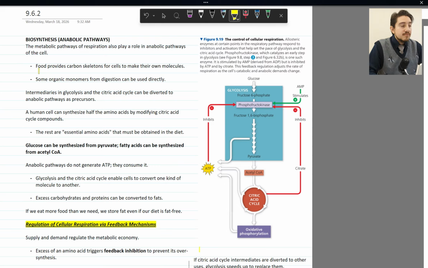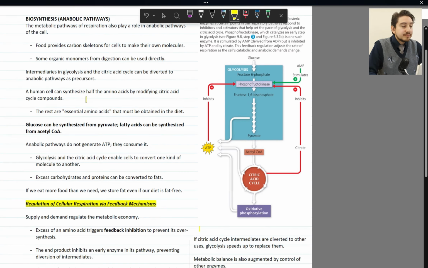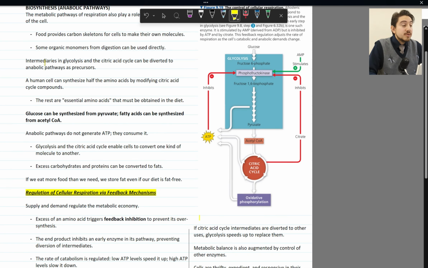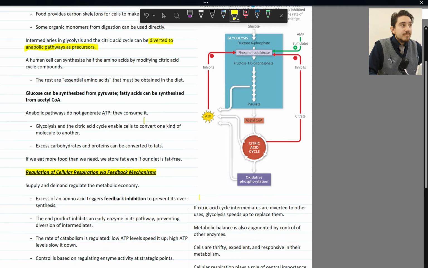And in this case, food generally provides carbon skeletons for the cells to make these molecules. Some organic molecules are used directly from digestion, but intermediaries in glycolysis and the citric acid cycle can be diverted, where these intermediate molecules can be used to produce more complex molecules.